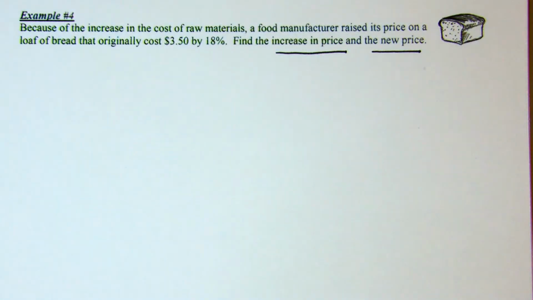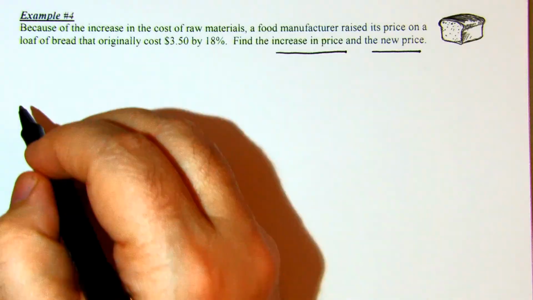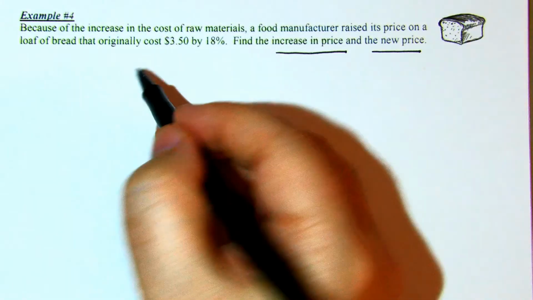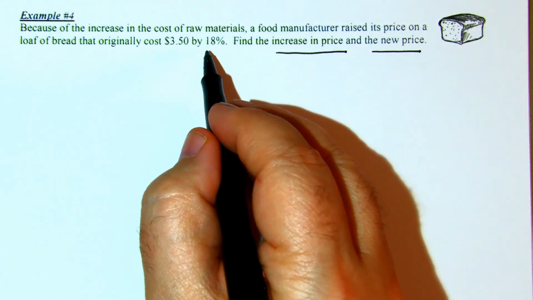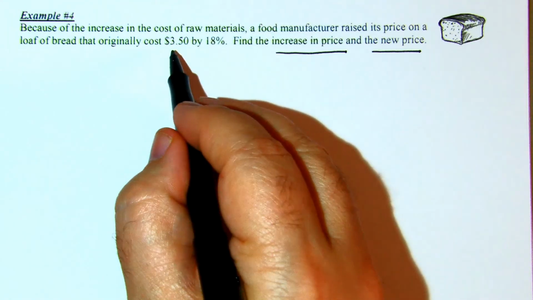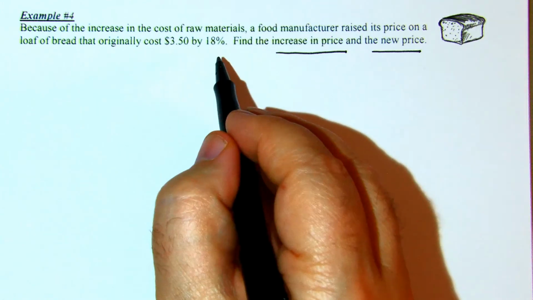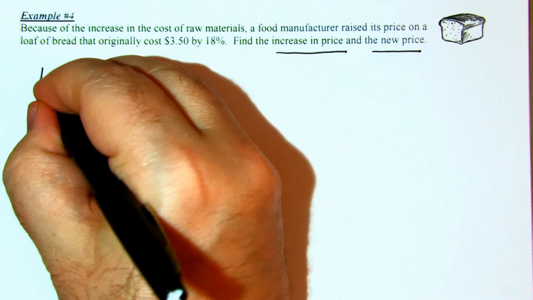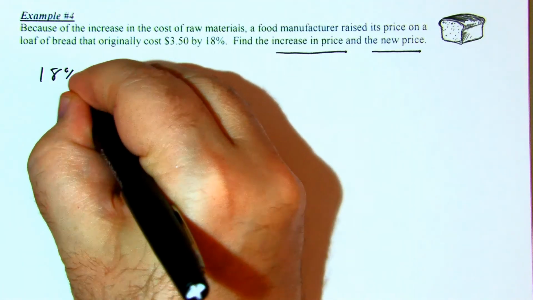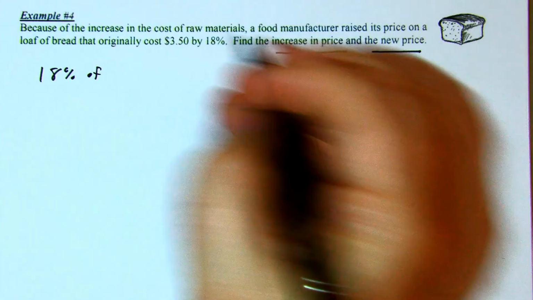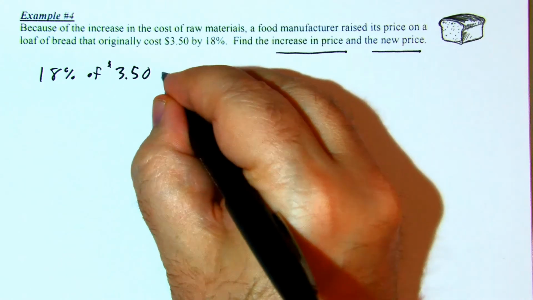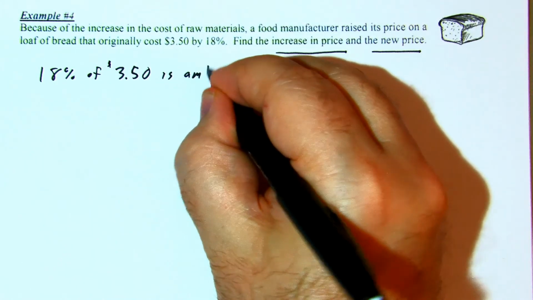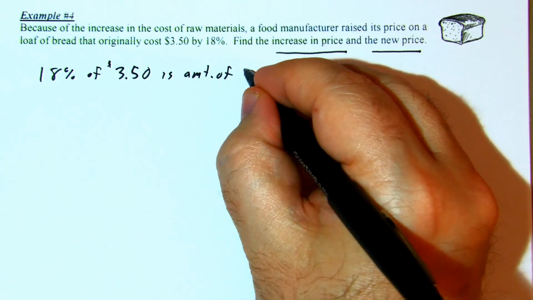So first we'll find the increase in price by writing out a sentence that will help us translate into an equation, and it'll look something like this. 18% of the original is the increase. 18% of $3.50 is the amount of increase.